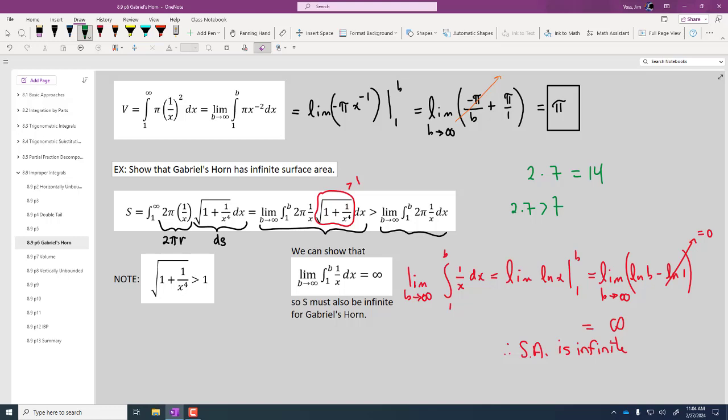Could you also split it into 2 integrals and then say this integral must be a positive value? How could we split this into 2? Like at the first step, can't you take that and make it 2 integrals, 2 pi times 1 over x from 1 to infinity? No, you can't split because they're multiplied. That's only if it's pluses.